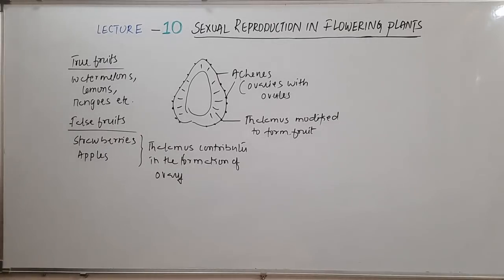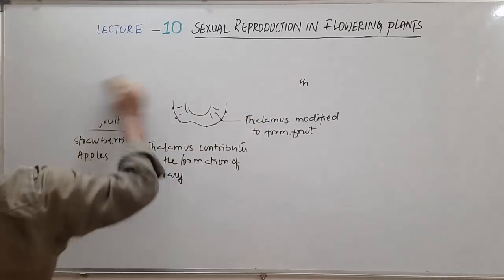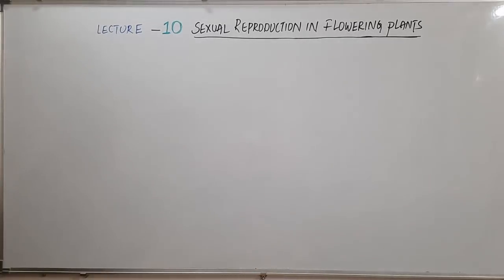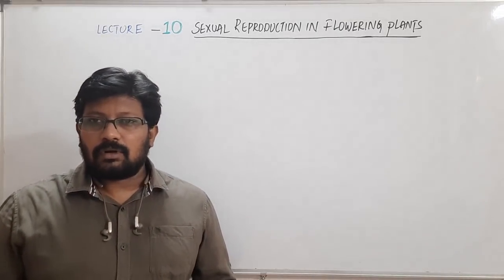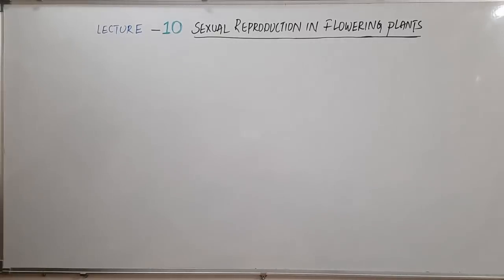Now let's see some information on seeds too. We understood that the seeds of dicots have two cotyledons, and in monocots you have only one functional cotyledon.